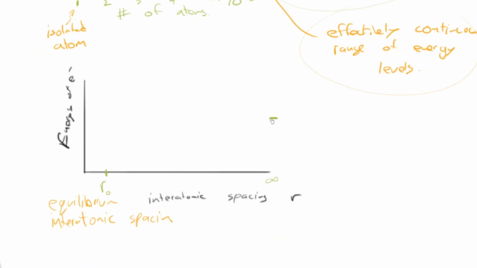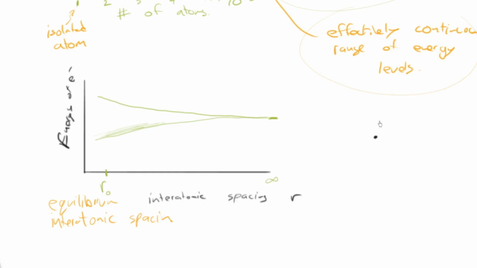It's like going the opposite direction from what I showed you before. As the atoms approach one another, we see these energy levels separating out into a range of values. Then the question becomes, how can we use this to explain things like conductivity or the optical behavior of materials?